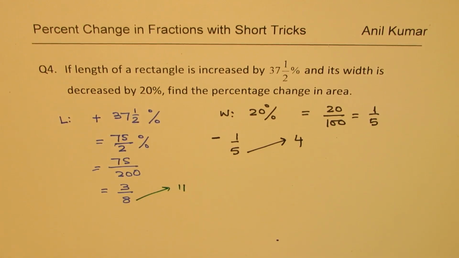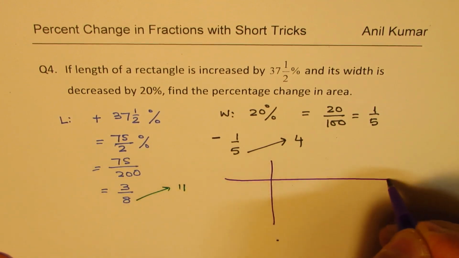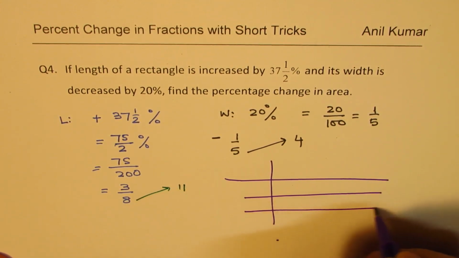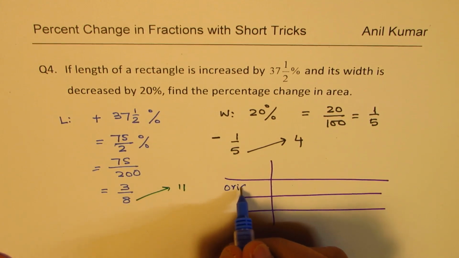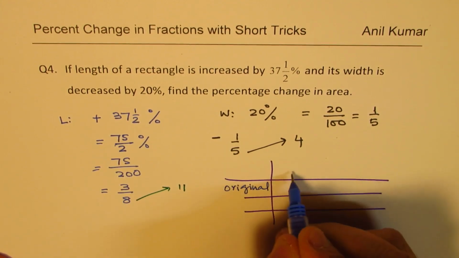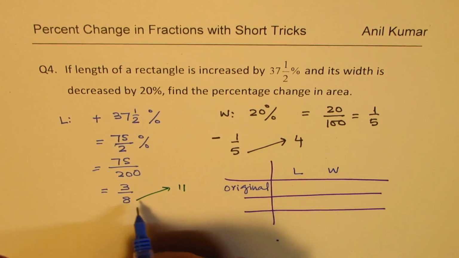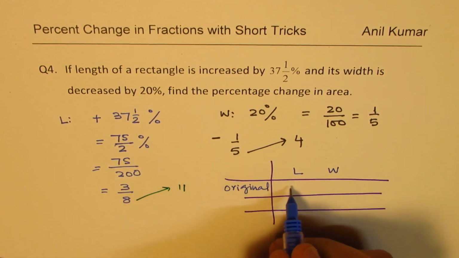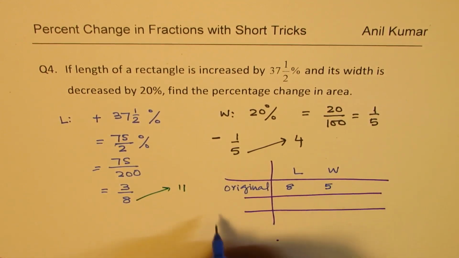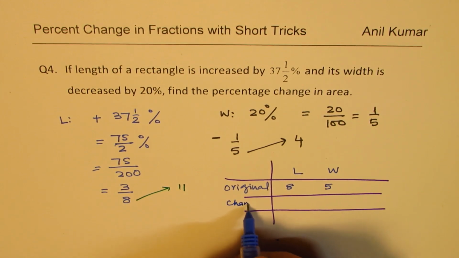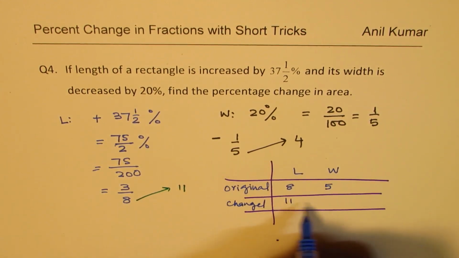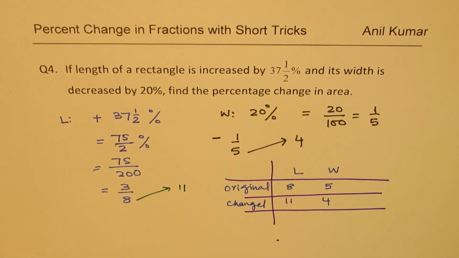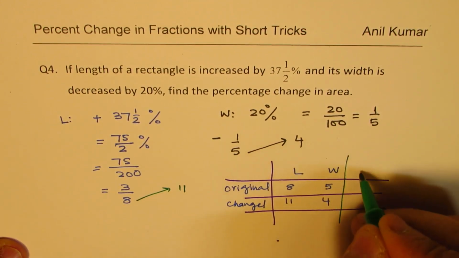So you can think like this. The original dimensions for length and width are 8 and 5. And for the changed, it is 11 and 4. Correct? So when you multiply them, you get your area.